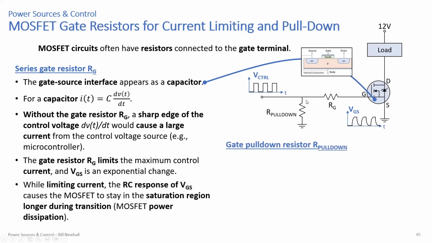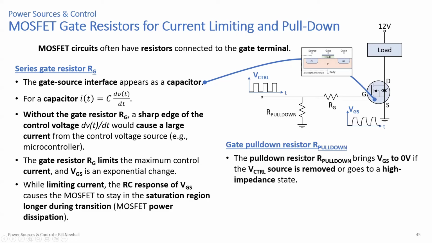Then there's this gate pull-down resistor. The pull-down resistor brings VGS to 0 volts if the control voltage is removed, or if, for example, the microcontroller output port goes to a high impedance state, which means basically open or almost open.